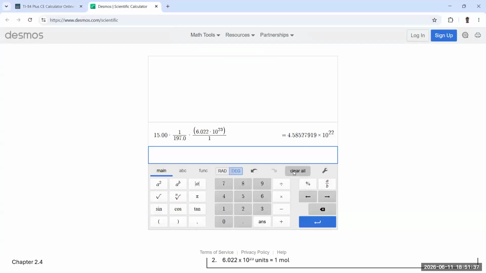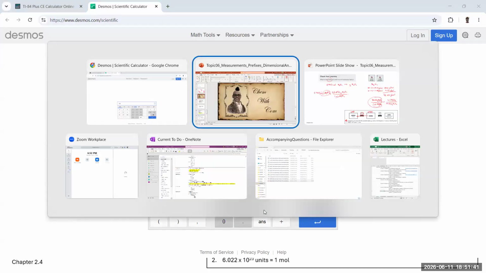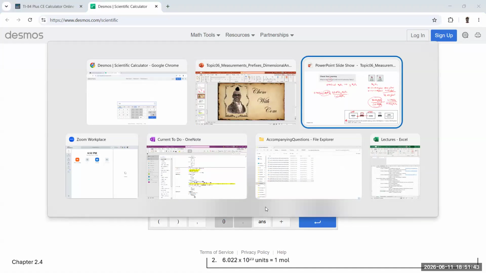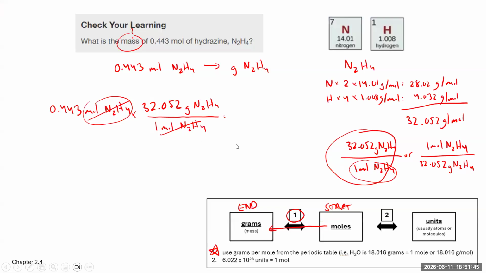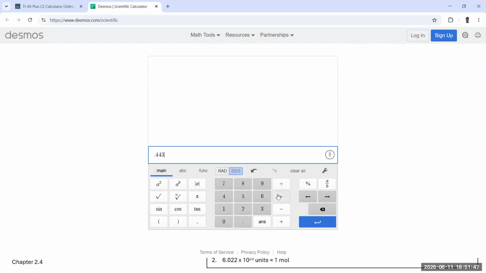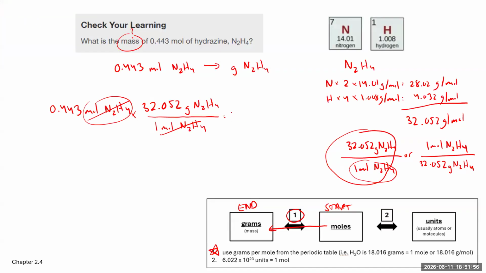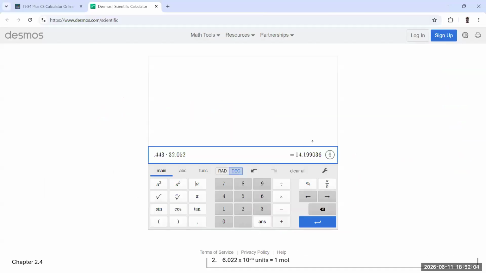So let's clear this. 0.443 times 32.052. And I got 14.1990, and that's grams of N2H4.